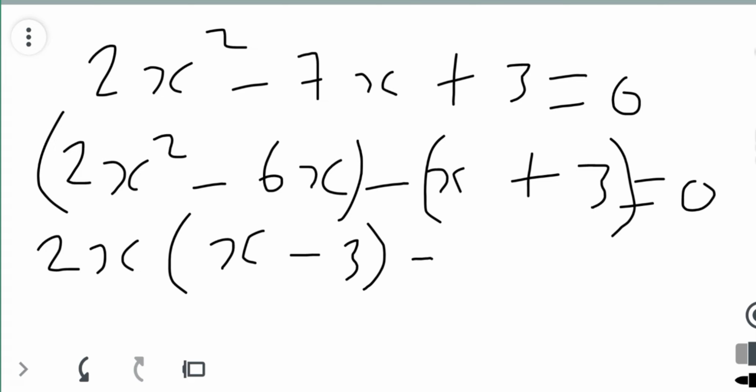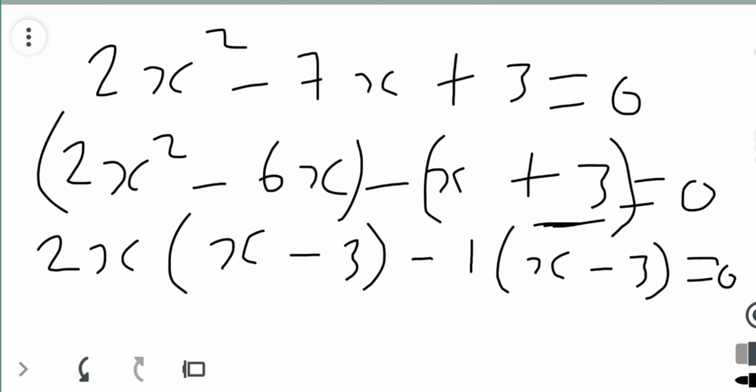Now what's common between these two here? We'll say 1 is common, so we just take 1 out. If you take 1 from x, you still have x, and if you take 1 from this plus 3, we still have a negative 3, and equals 0. The reason we say negative 3 here is because when you expand back, minus 1 multiplied by minus 3 gives us plus 3 that we have here.